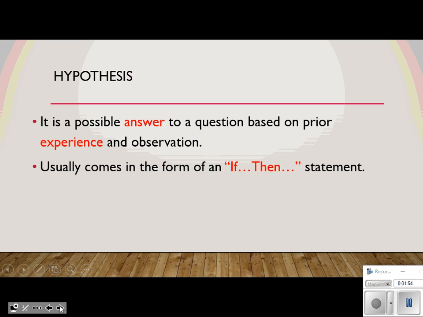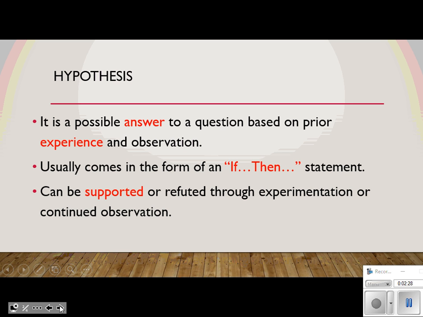Okay, an if-then statement. If I add Ragui to Marge Simpson's hair, then her hair will grow faster. That would be a hypothesis of what we were dealing with before with Lisa Simpson and her project. Okay? So it is usually an if-then statement.